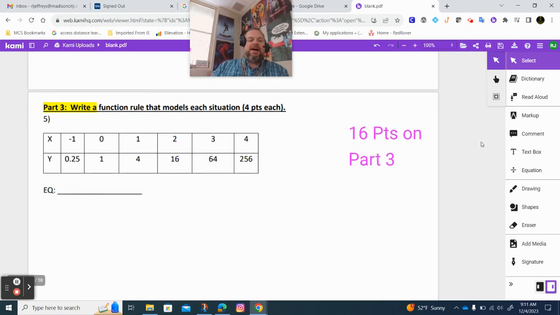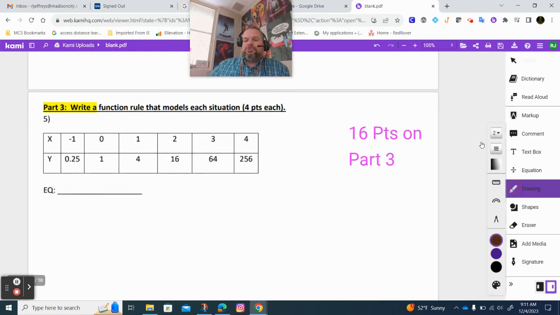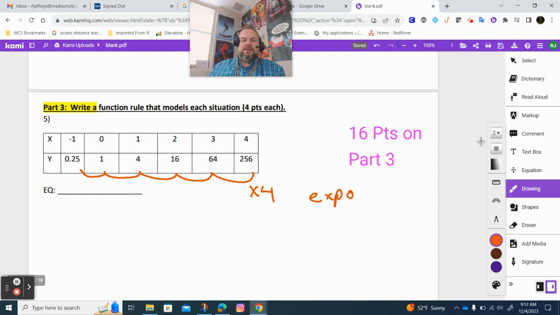Number five. So let's look at our y values. What's happening right here? Yeah, we're multiplying by 4. This means this is an exponential. And it's going to look like this.